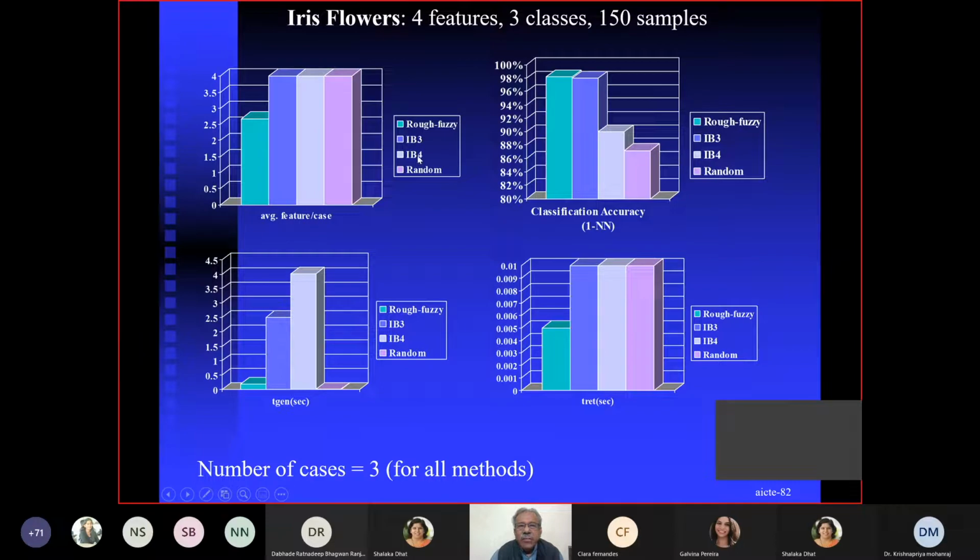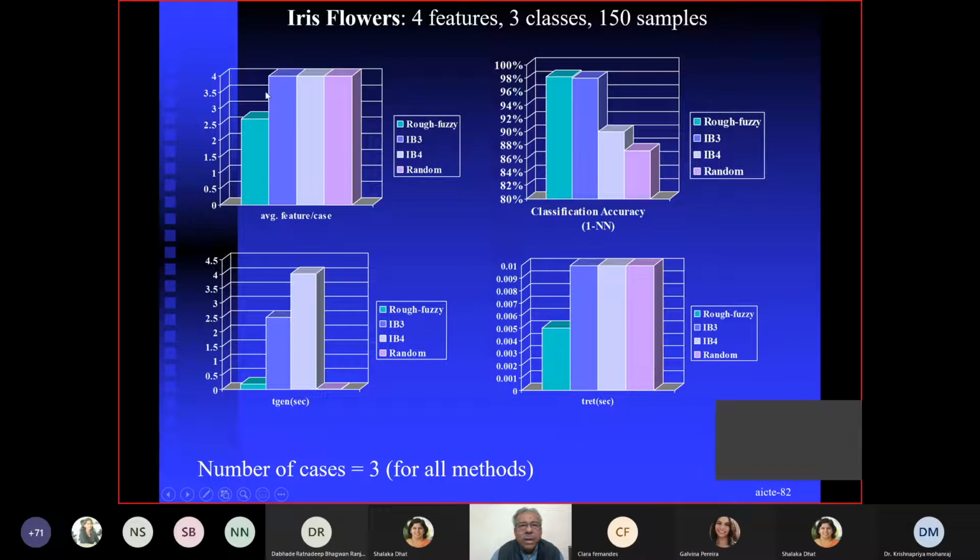And then it is a modified one. Here the number of dimensions changes. So see, the average number of features required to store a case, meaning a flower. Then the classification accuracy of this flower based on these 3 cases. Similarly, generation time. Similarly, retrieval time. So look at this here for all the methods.